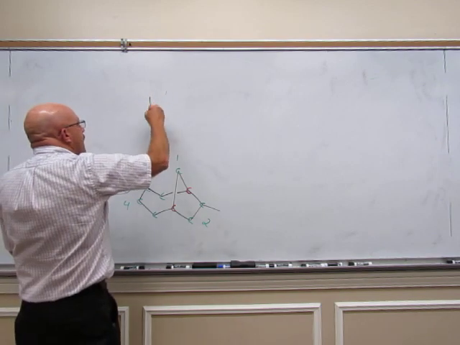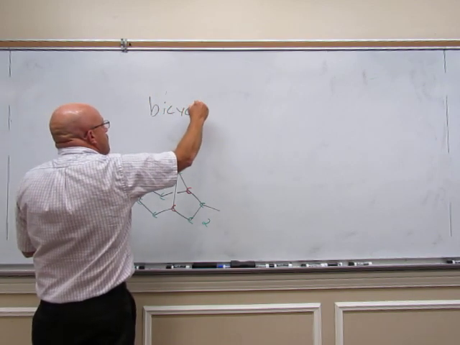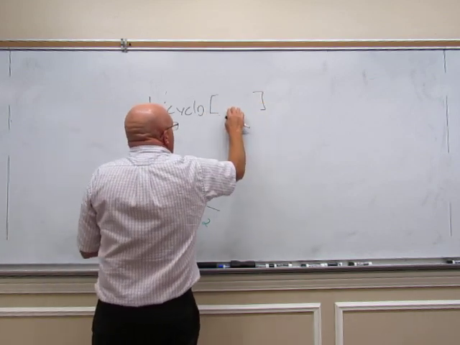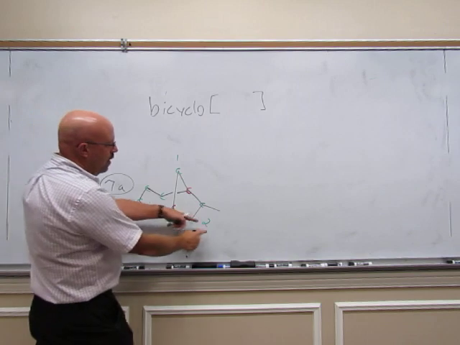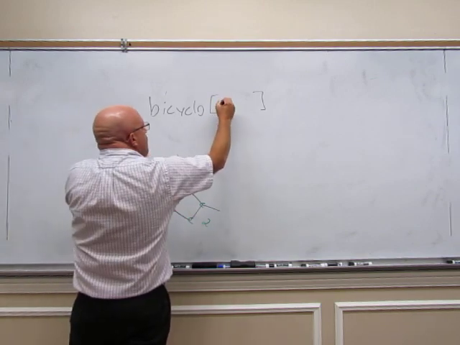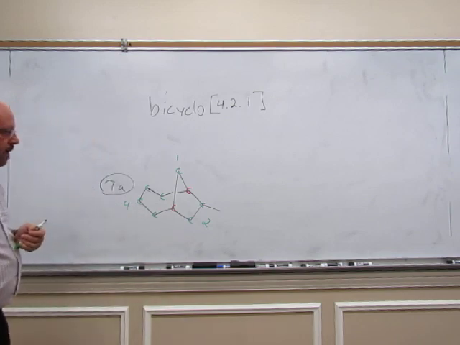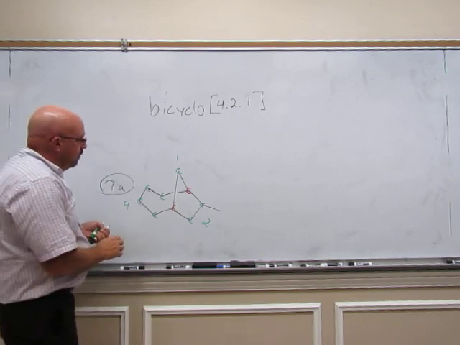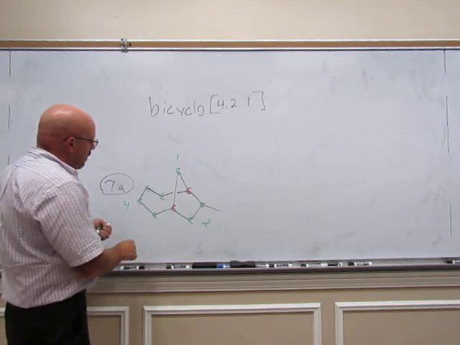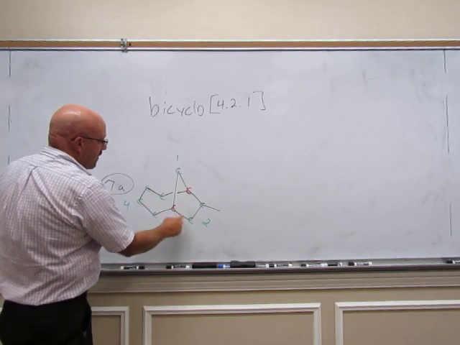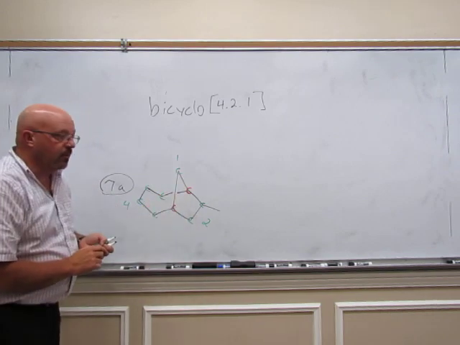So this is a bicyclo, brackets, and this is the number of carbons in each bridge. It's a 4, a 2, and a 1. You start with the biggest and go to the smallest. It's a 4, 2, 1. And then all total, we've got 1, 2, 3, 4, 5, 6, 7, 8, 9. 9 carbons all total in the rings.